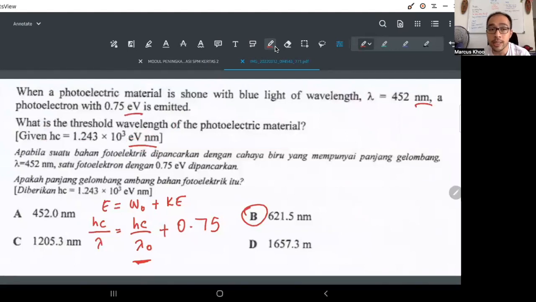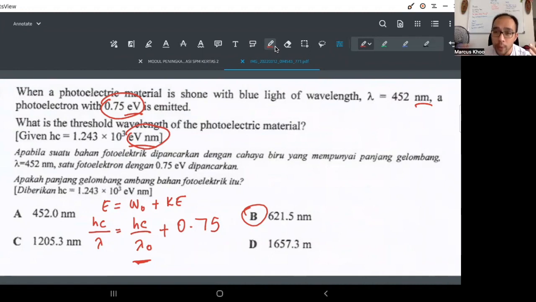If you notice, the energy is not in joules, it's in eV. And hc is given as eV nanometer, and that is actually a clue for us. I don't have to change the unit to meters because it's already in nanometers.